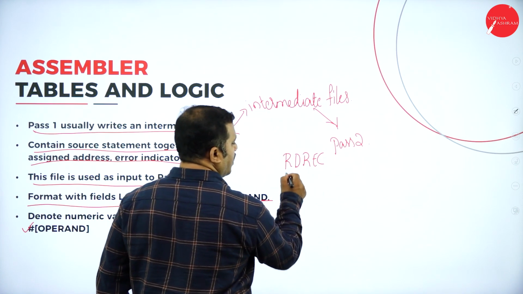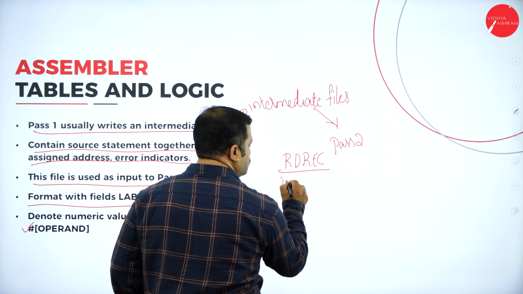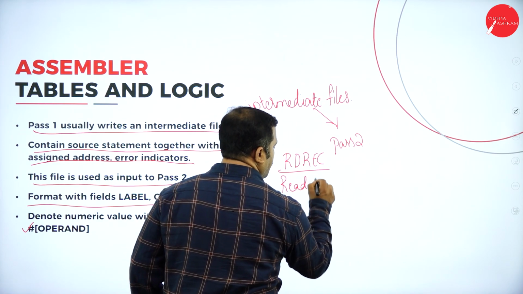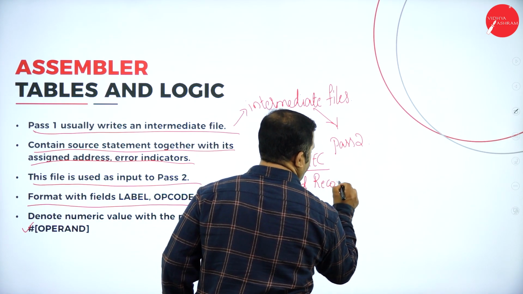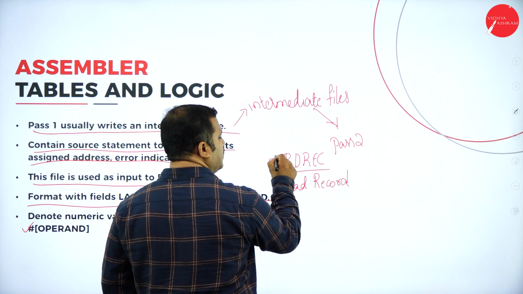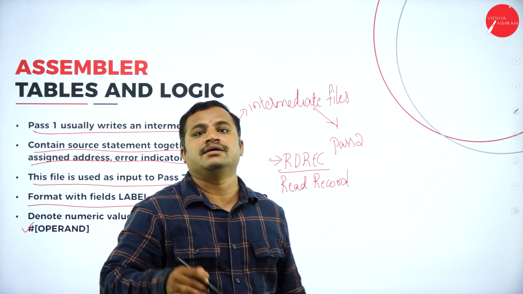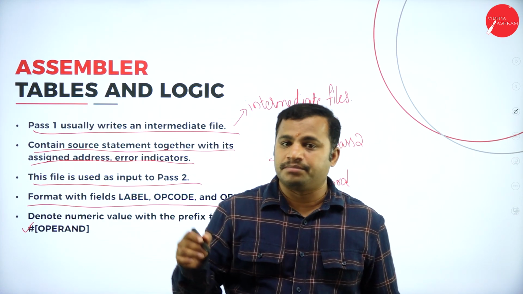What is the meaning of RDREC? RDREC is a symbol that corresponds to read record. So we require a read record, RDREC, to read any subroutine which is present in a program.